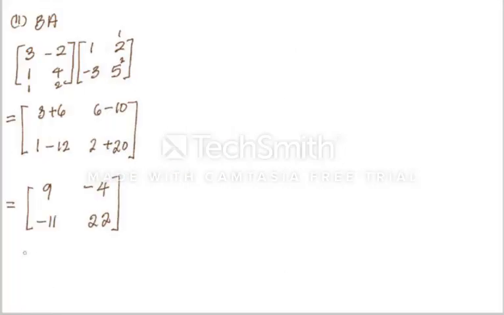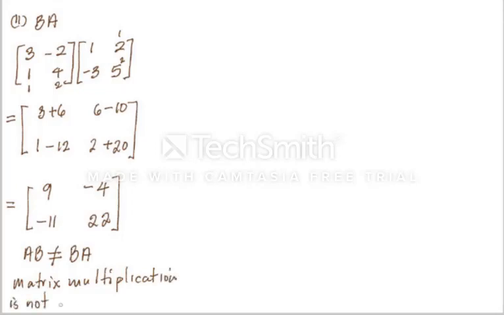This is interesting. So AB is not equal to what? BA. So matrix multiplication is not commutative.